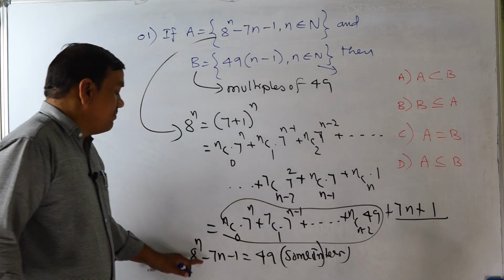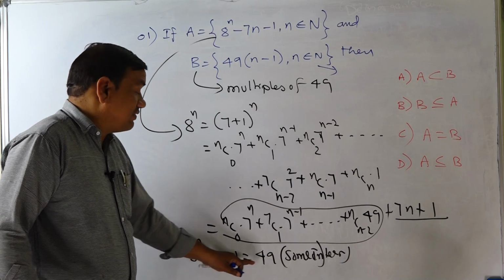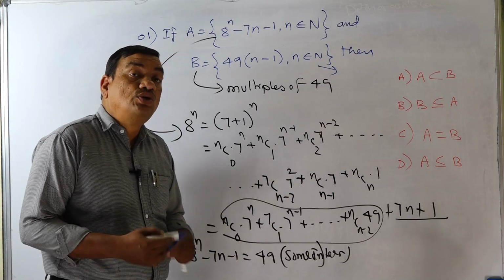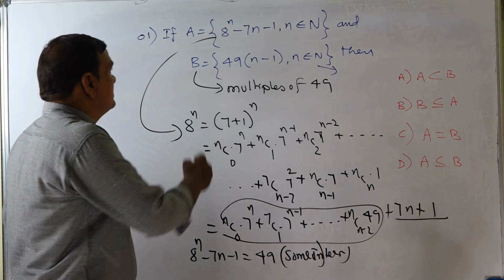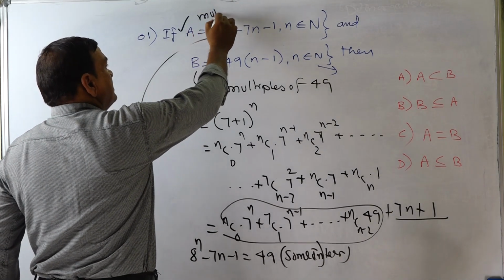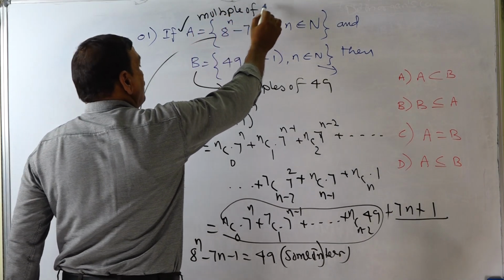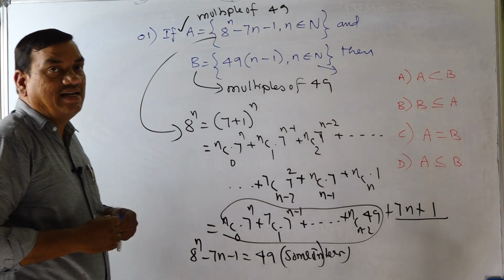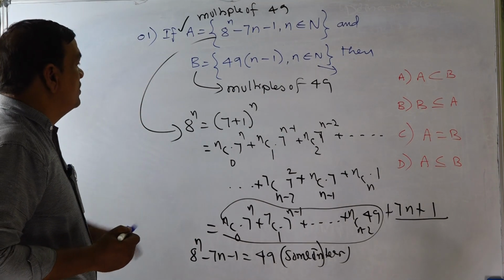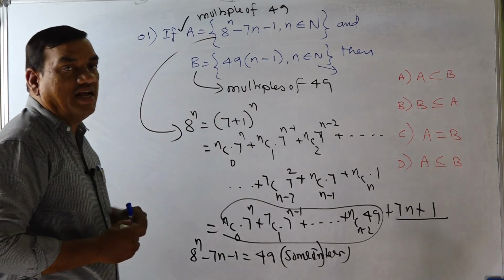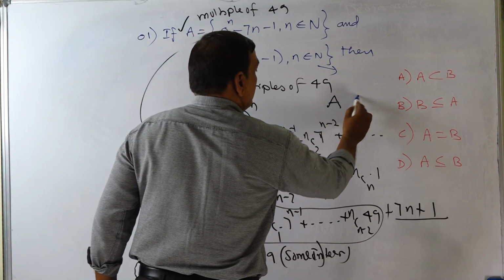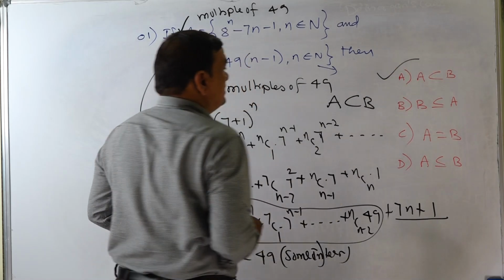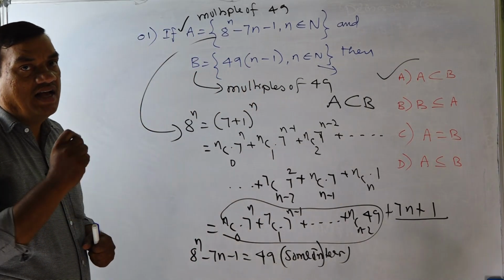So, 8 power n minus 7n minus 1 is nothing but 49 into some integer. That means set A also contains multiples of 49. Therefore, clearly A is a subset of B. So, your answer is: A is a subset of B.